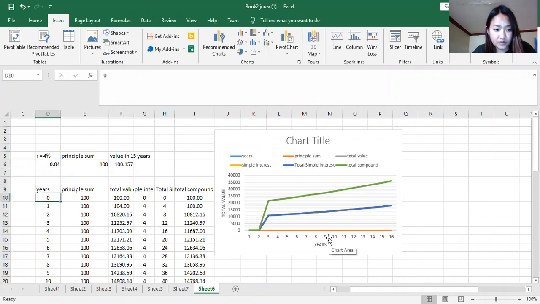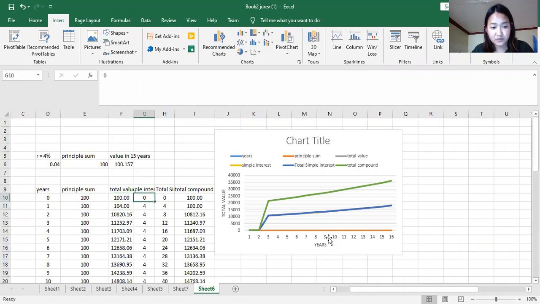These are years 0 to 15, and then the principal sum is 100. So I calculated the total value by total value times (1 plus rate), that is 4%, that is 0.04, and I've dragged down like this.